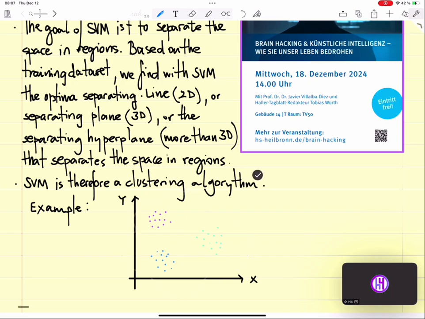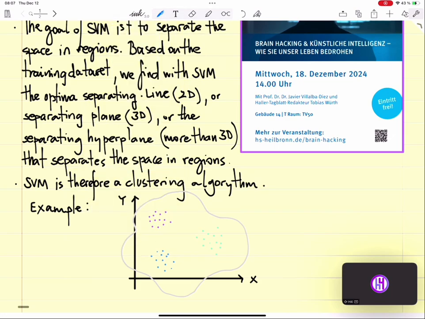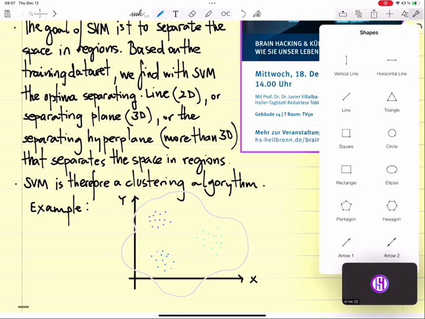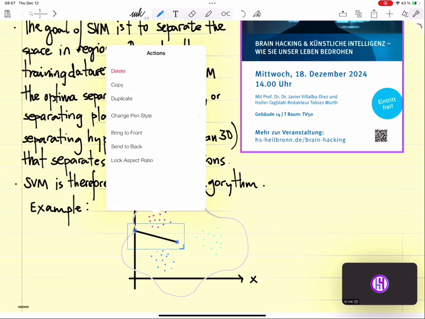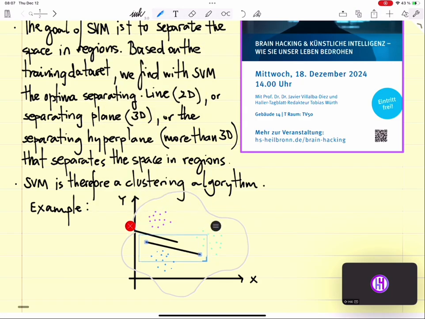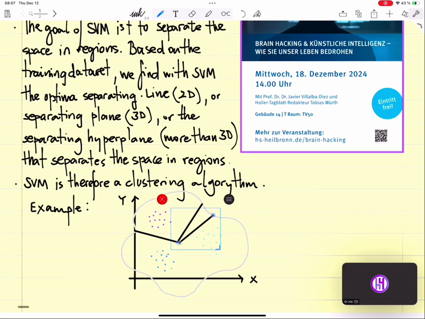You want to separate the areas of the city so that you get your delivery service in place. So what this algorithm does is it finds you the best separating lines for your given space.